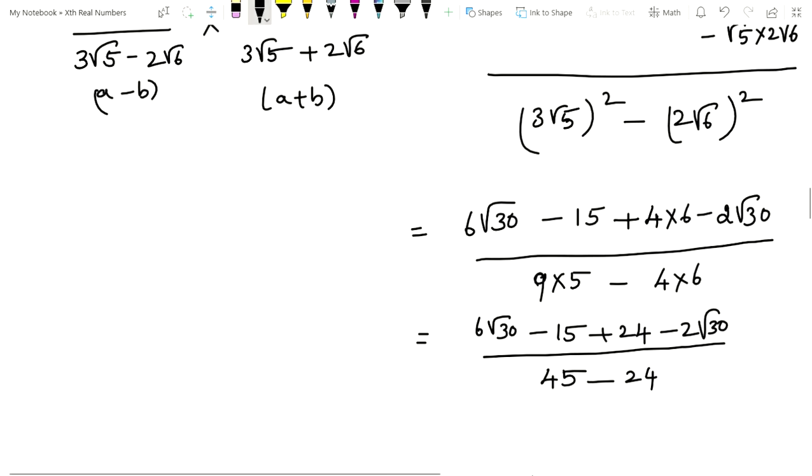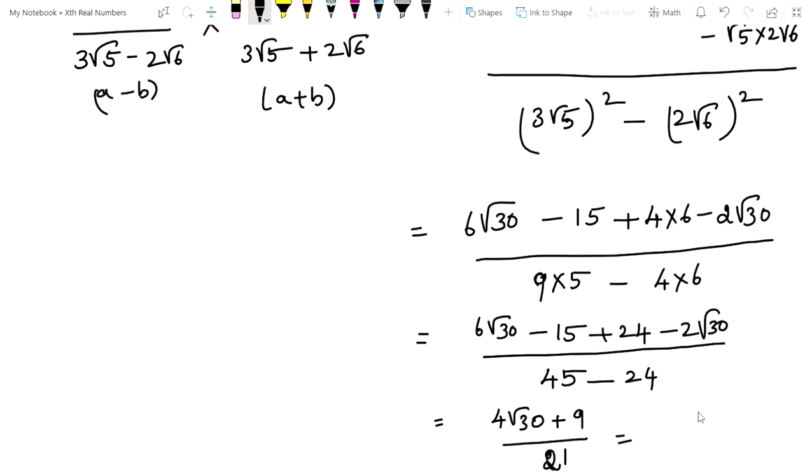So what is there here? 6 root 30 minus 2 root 30. 6 minus 2, what will you get? 4 root 30. Minus 15 plus 24, what will you get? Plus 9, divided by 45 minus 24. 5 minus 4, 1. 4 minus 2, 2.